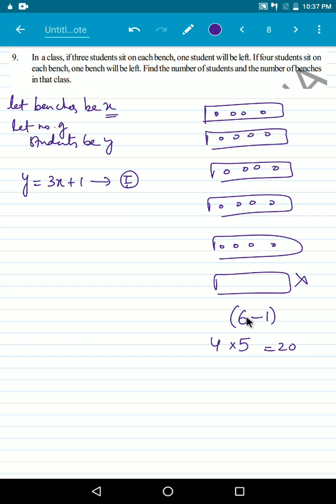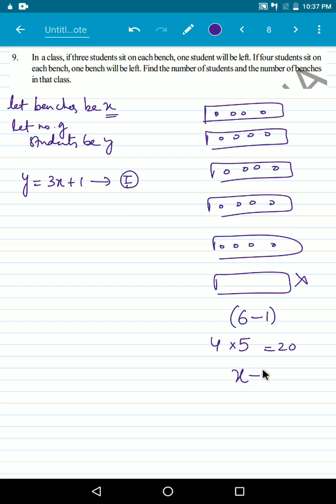Number of benches minus 1. Total number of benches 6. How many are occupied? 5. So to get that, we are writing 6 minus 1. Now we took benches as x, right? So total x benches are there. So how many will be occupied? 1 is left.